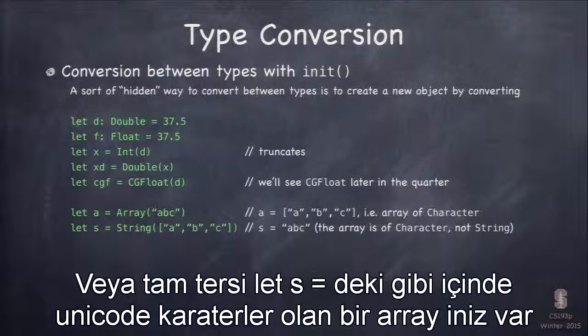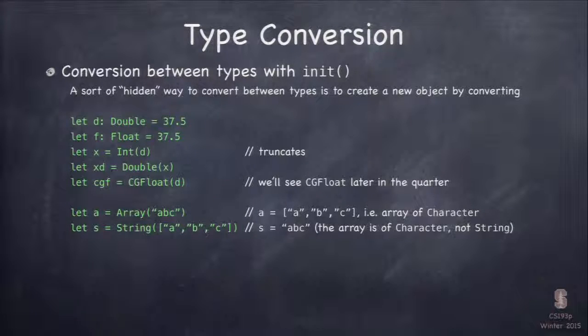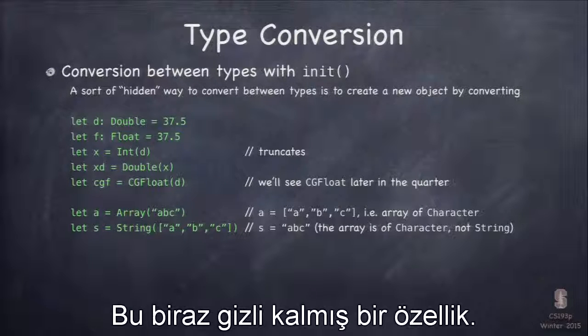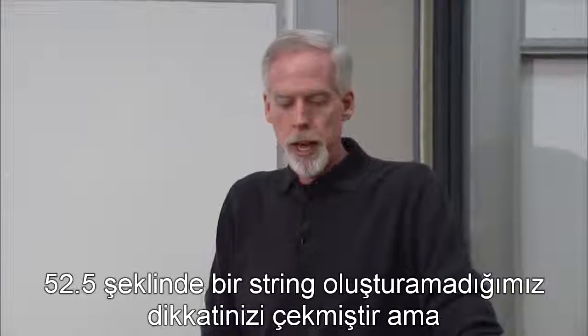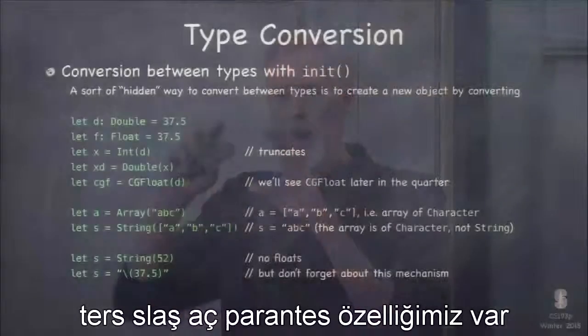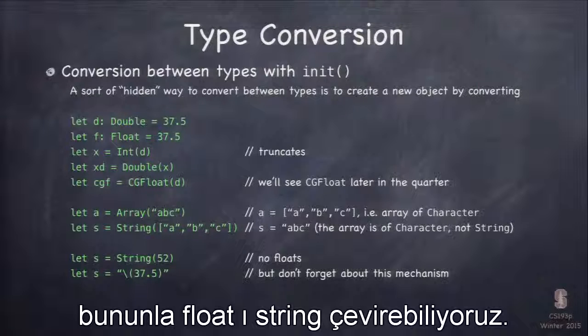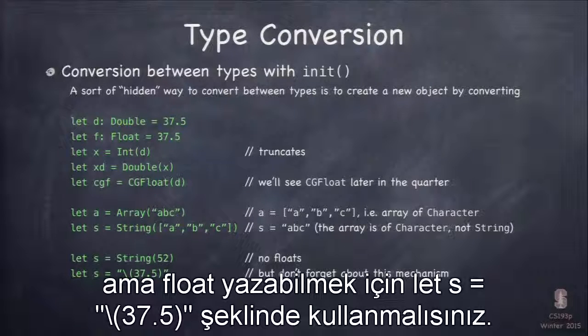Or vice versa, you can have an array of Unicode characters, and you pass that to String's constructor, and it'll return a string with those things zipped up. So there's kind of a hidden thing there. Notice that you can't do String of 52.5, but that's okay because you have that backslash open parentheses thing to convert floats to strings. You can do String of 52 though, because it has toInt. It kind of knows how to do that.